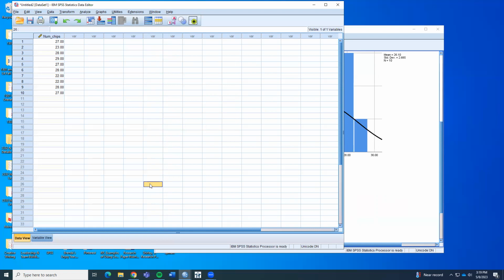Hypothesis number 1 is that the mean population of chips per cookie is equal to 27.28. And the alternate hypothesis is the mean population of chips per cookie is not equal to 27.28.